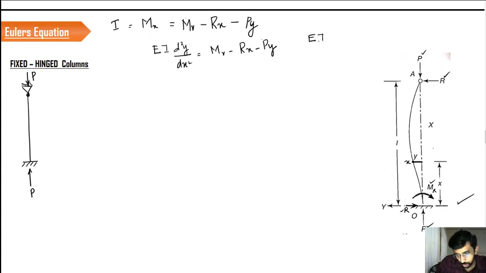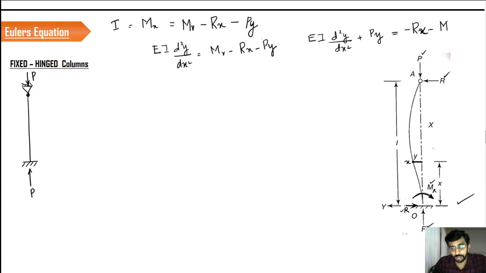So this is going to be EI into d square y by dx square plus P into y is equal to minus R x plus MR. That's what we are left with. Here, this is not R suffix x, this is R into x.